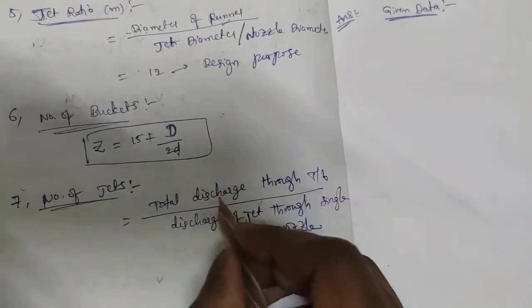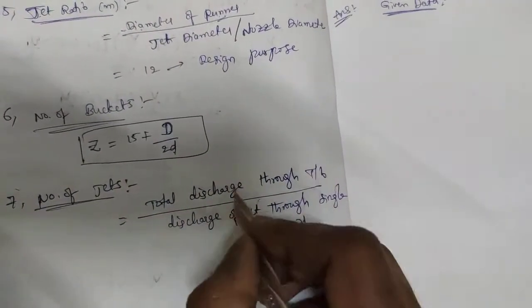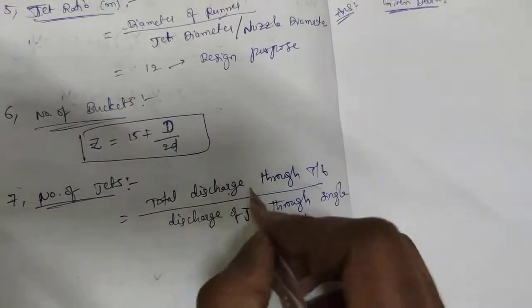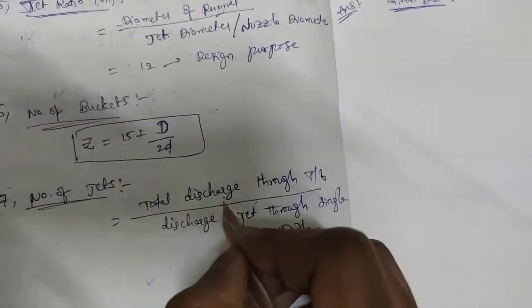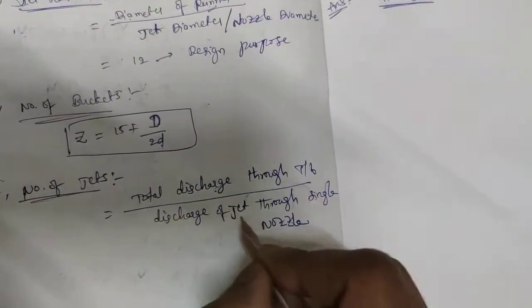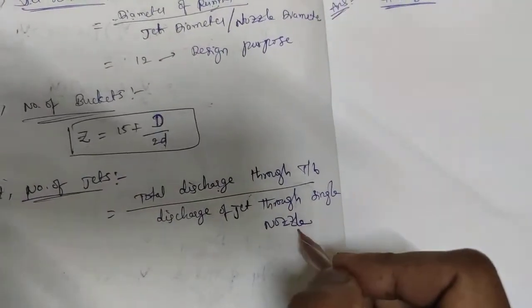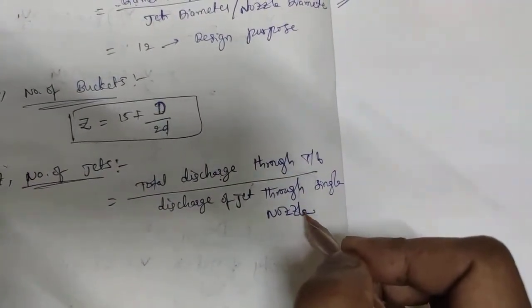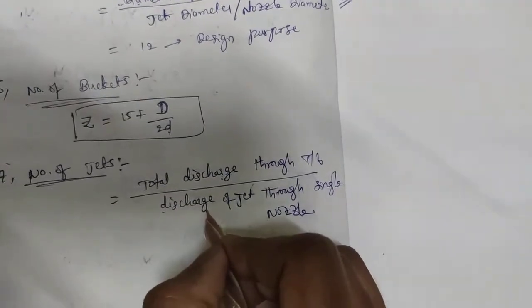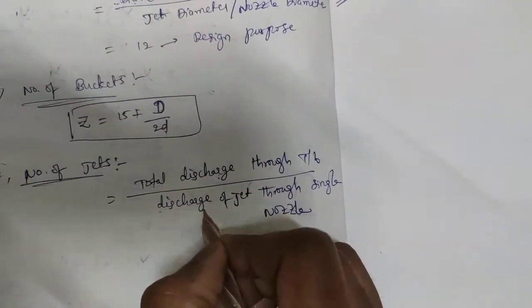That means the total discharge is divided by the discharge from a single nozzle, which is put in the denominator.